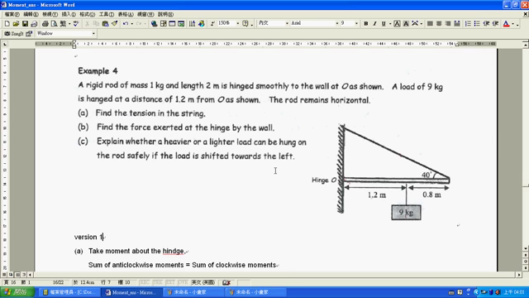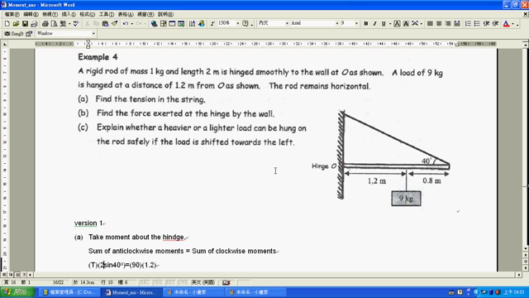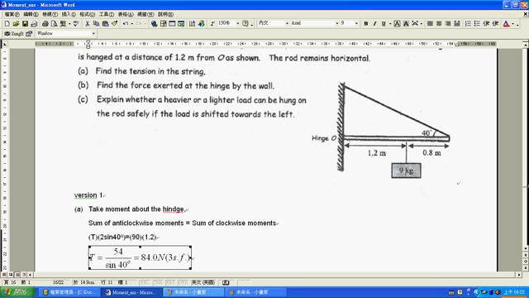tension in the string. So in this first version, we take moments about the hinge. The tension is providing the anti-clockwise moment.